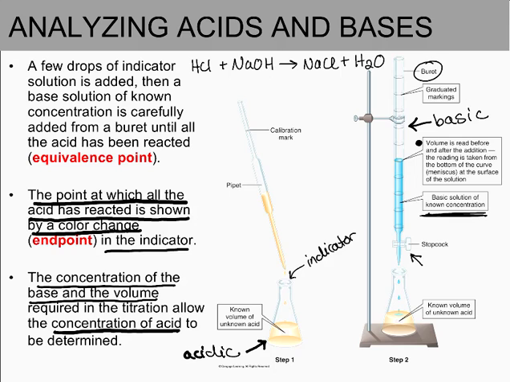So really, again, the whole point of a titration is to figure out what is the concentration of acid, or how much acid do we actually have in solution. And we'll do some example calculations so you can see how this information is useful.